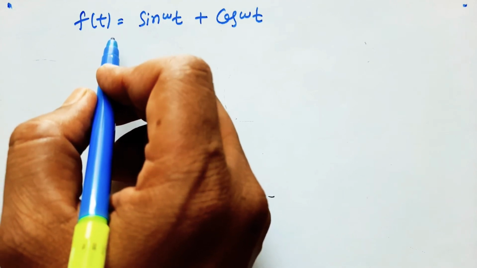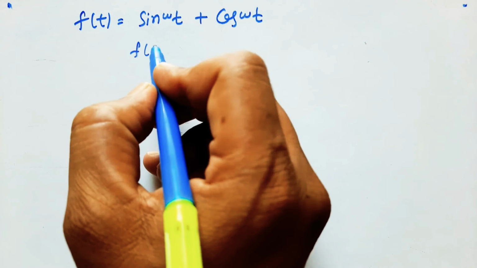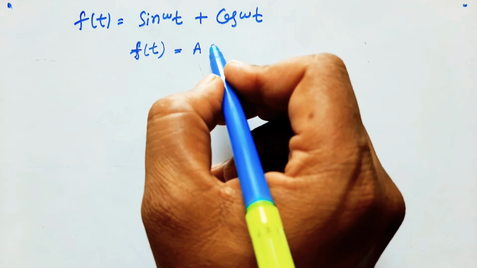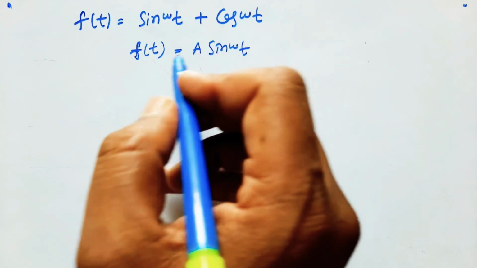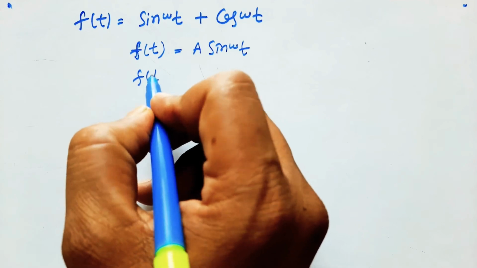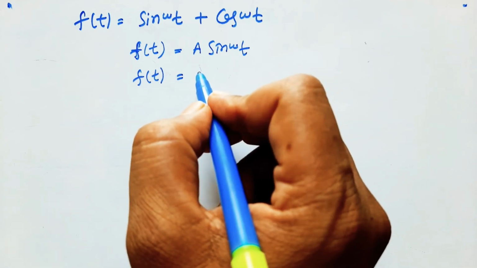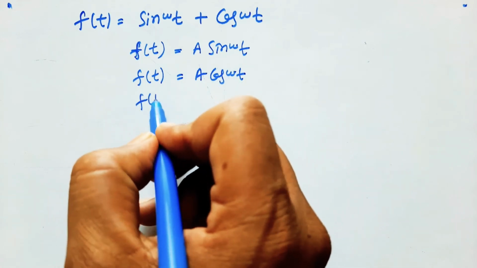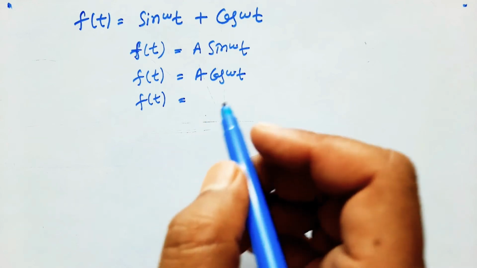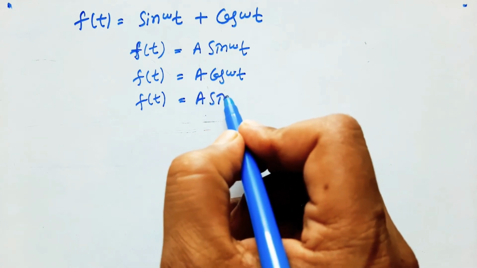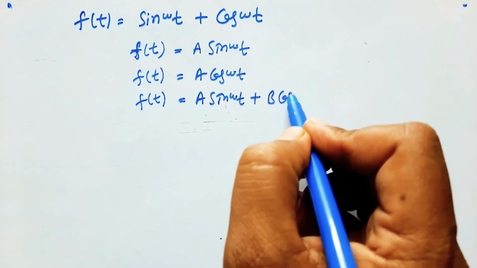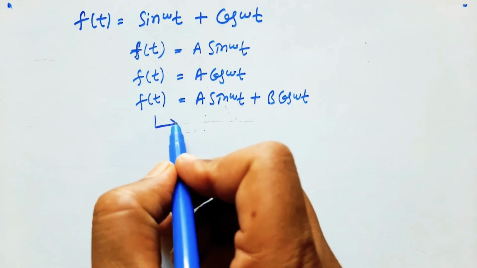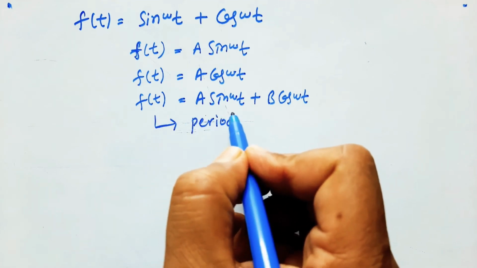We already learned, if f of t is a sine function, that is a sin omega t, or a cosine function, that is a cos omega t, or a linear combination of sine and cosine, that is a sin omega t plus b cos omega t, in all cases the function f of t represents periodic motion.